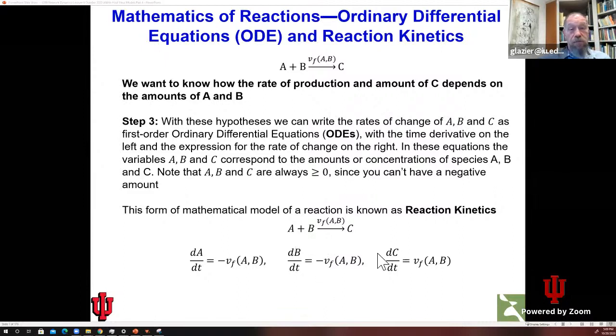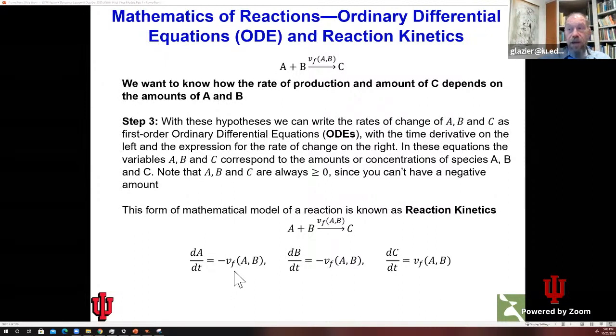They're on the left-hand side of the arrow. C is called a product. It's on the right-hand side of the arrow. And that means there's a minus sign in front of the rate for A and B, and a plus sign in front of the rate for C. So this one arrow diagram generates 3 ODEs.